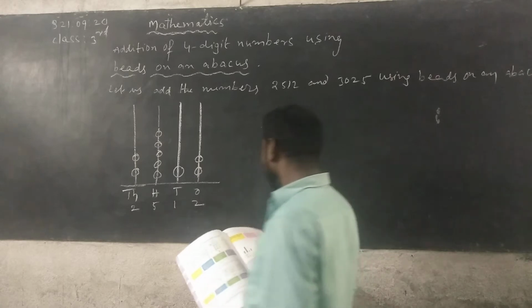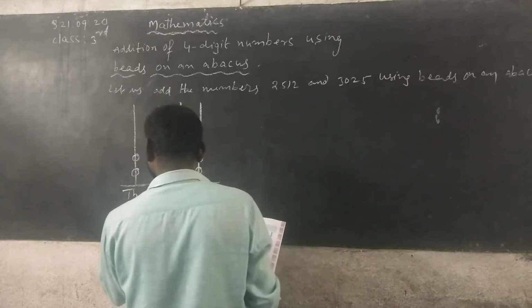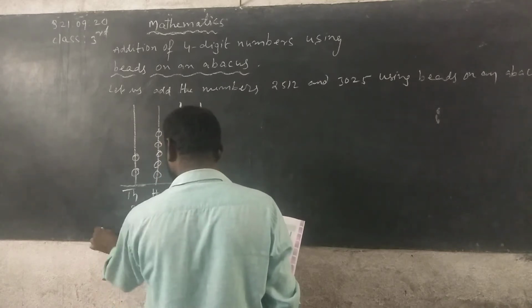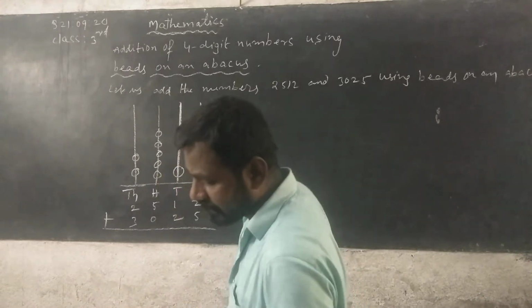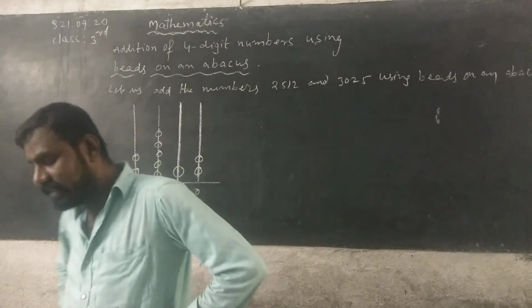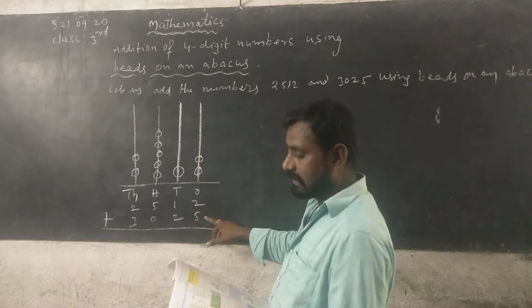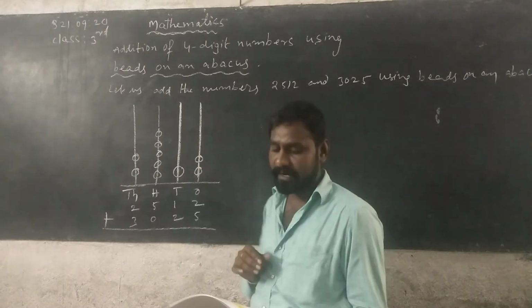Now the second number, you write under the first number, that is 3025. Listen carefully. There is 5 in the ones place of the second number.